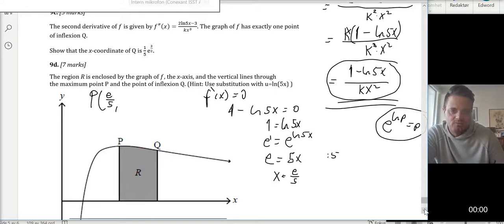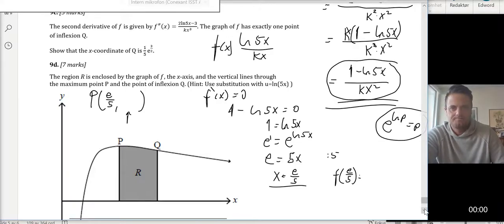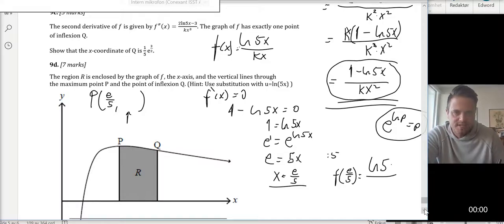But then I also have to find the y coordinate of this point here. And to find the y coordinate of any point on any graph in the whole world, I put the x coordinate into the function. And what was the function? The function was this, right? That was the function. So I just put e over 5 into this function here. So I get ln of 5 times x, which is e over 5.